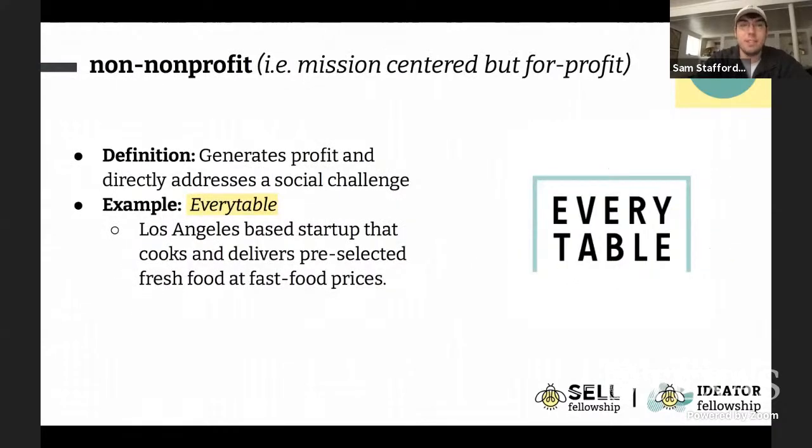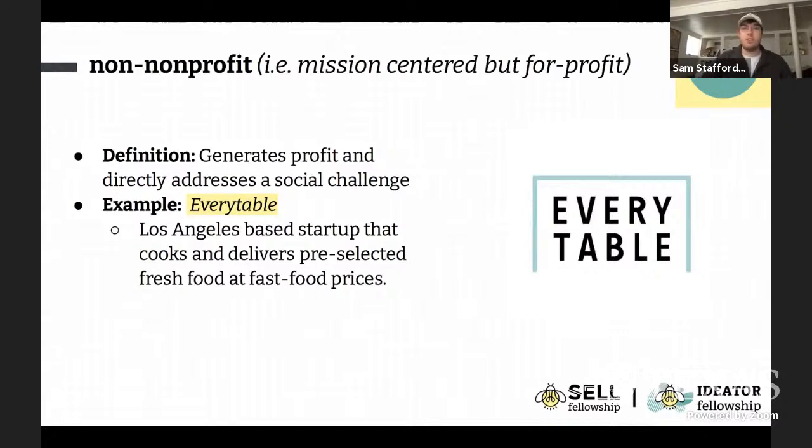but different because they're generating revenue that directly addresses a social challenge, rather than generating revenue that just keeps their company afloat. So this is directly solving the social challenge that they're enacting upon, right?